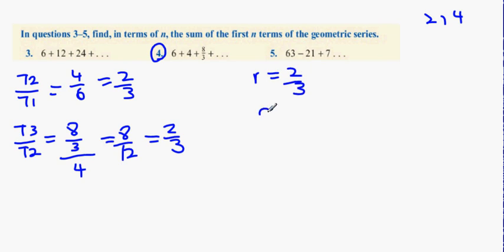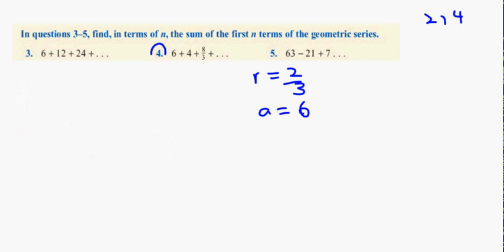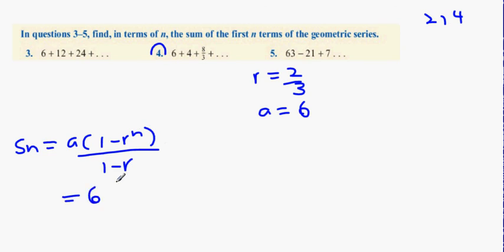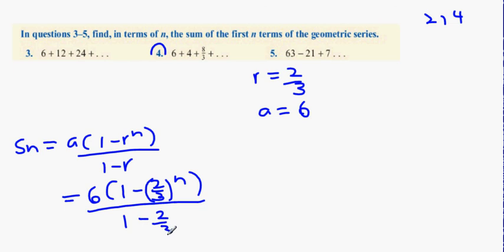We've also figured out that a is 6. So we just need to find out what Sn is. Sn equals a into 1 minus r to the power of n all over 1 minus r. It's going to be 6 into 1 minus 2/3 to the power of n all over 1 minus 2/3.